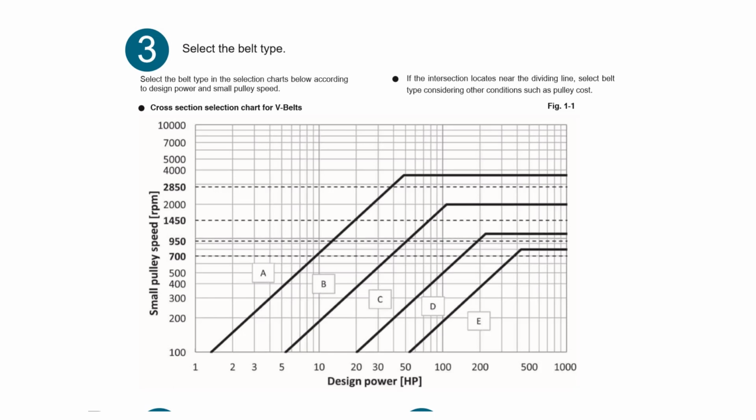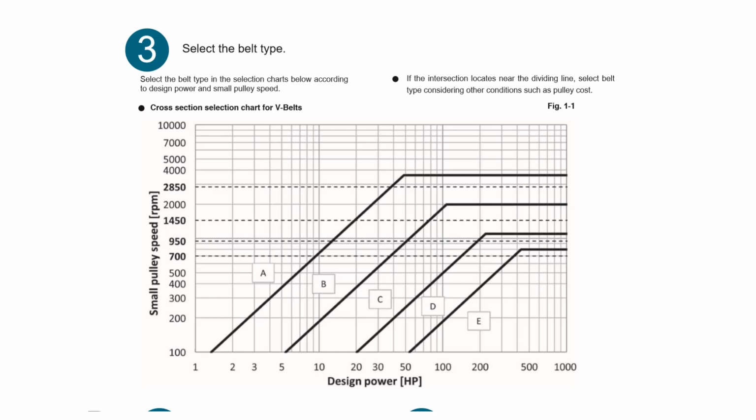Since our design power HD is 6.5 horsepower and our small pulley speed is 1750 RPM, we are in zone A, so we will select type A. Also to mention here is that type A has the smallest cross section and type E has the biggest cross section.